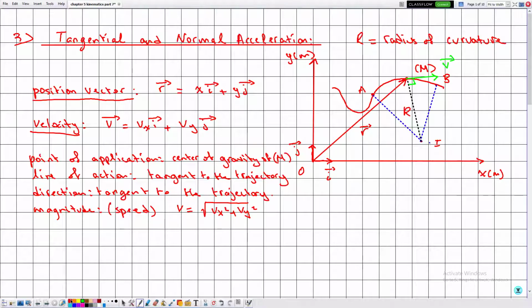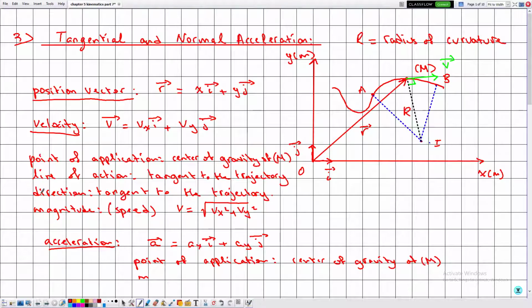Now the more important one is the acceleration, which is given by a is equal to ax i plus ay j. Here let me list only two properties: the point of application, which is also the center of gravity of m, and the magnitude.